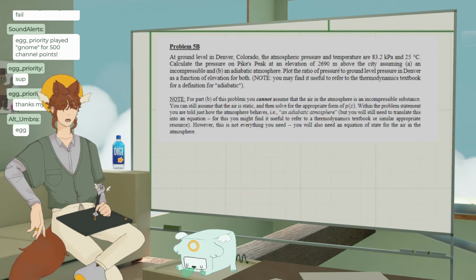Wait, a thermodynamics textbook, bruh. Okay. You need an equation for the state of the air in the atmosphere. Well, do I go find one? Or do I have to make it up? Let me go out and measure some air real quick.